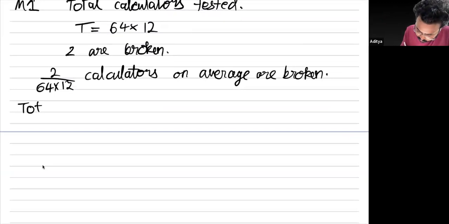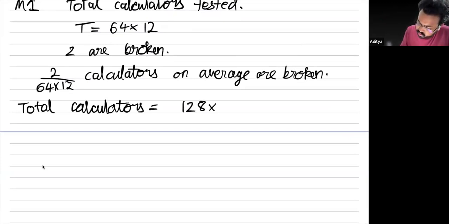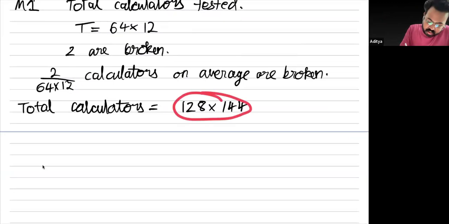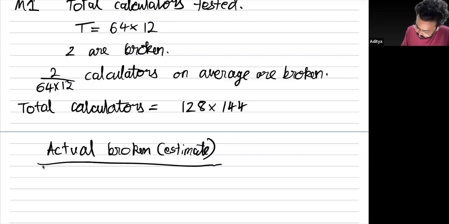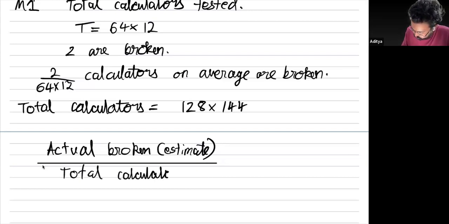So total calculators will be equal to 128 crates, with 144 calculators in each crate. This is the total number of calculators. So the actual broken number, again an estimate, will be total calculators times 2 by 64 times 12.